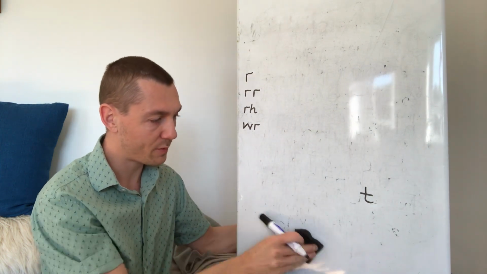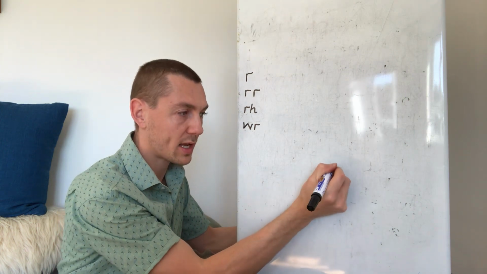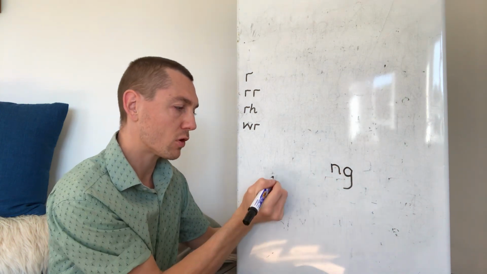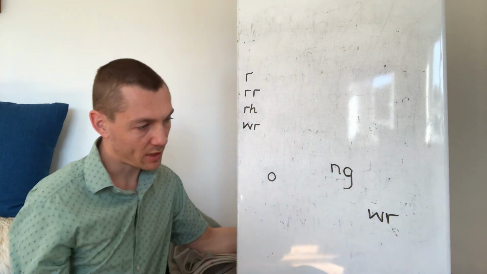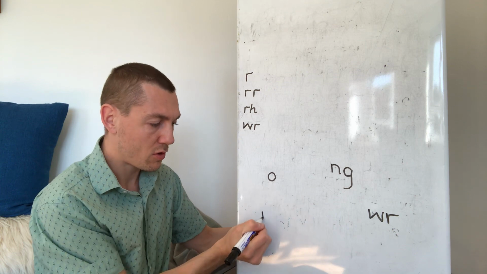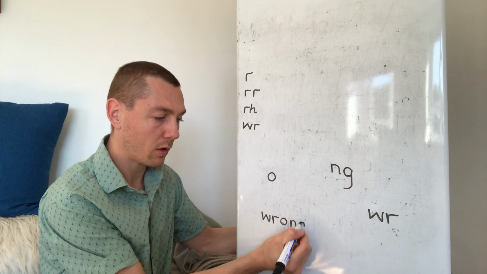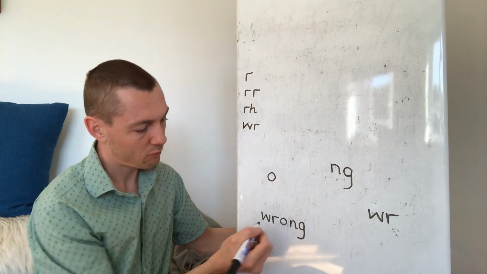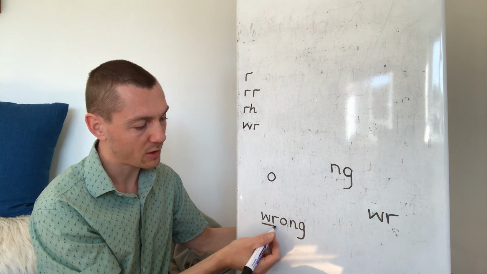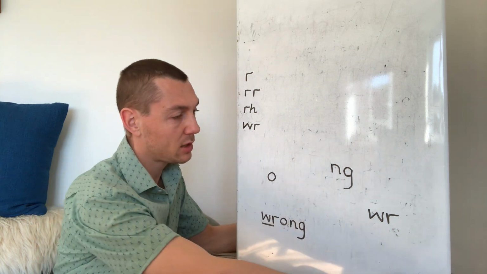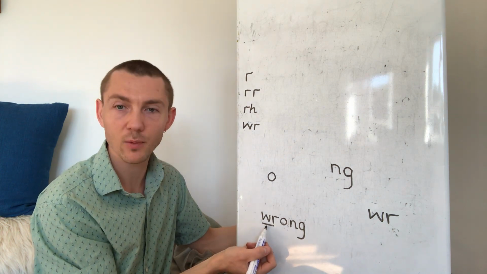A few more here before we move on. Let's just come back to the word wrong, not right, but wrong. And we have wrong, with the WR spelling of R again, which usually occurs at the beginning of words, doesn't it?